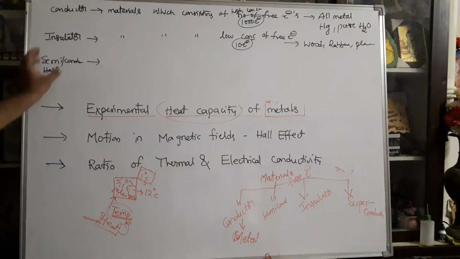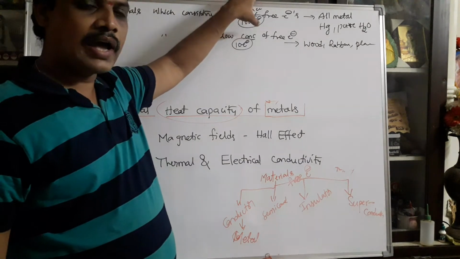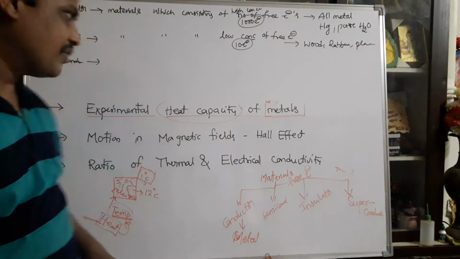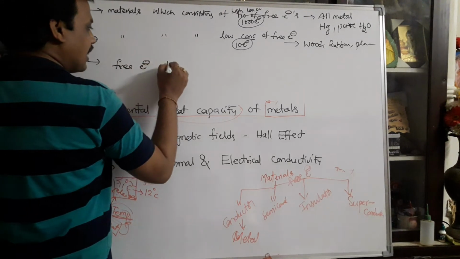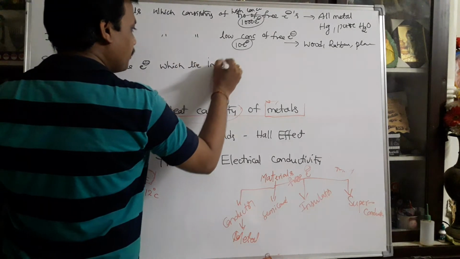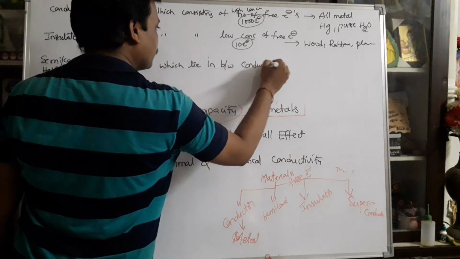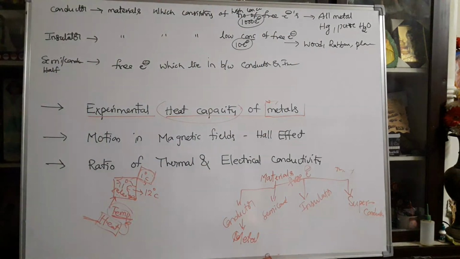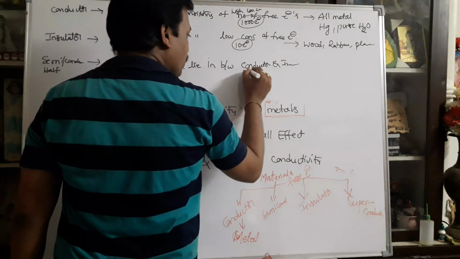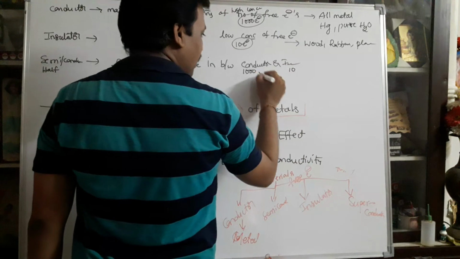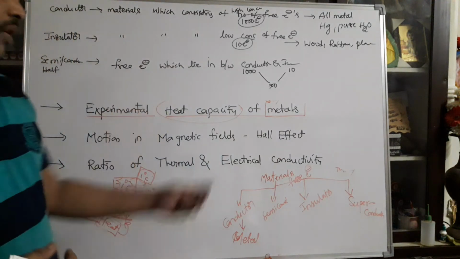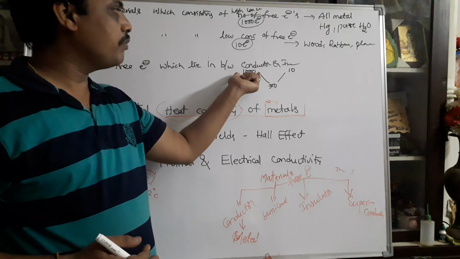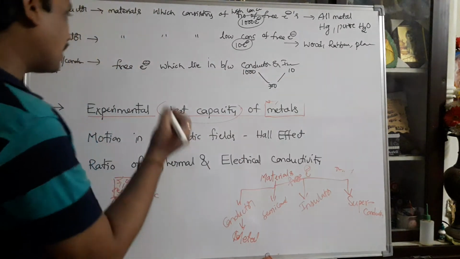Compared with a conductor, which has a high concentration, a semiconductor has roughly half of that. Its free electron state lies in between the conductor state and the insulator state. In a conductor you know there are 1000 electrons, in an insulator 10, and in a semiconductor approximately 700, which lies below 1000 and above 10. So the material is called a semiconductor.